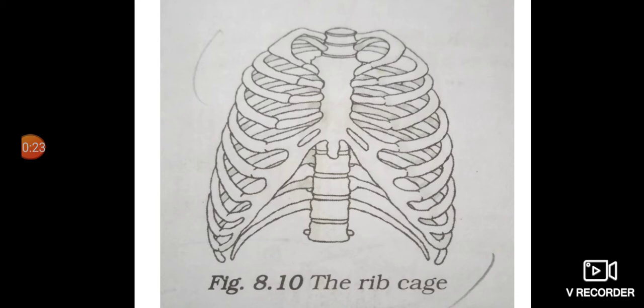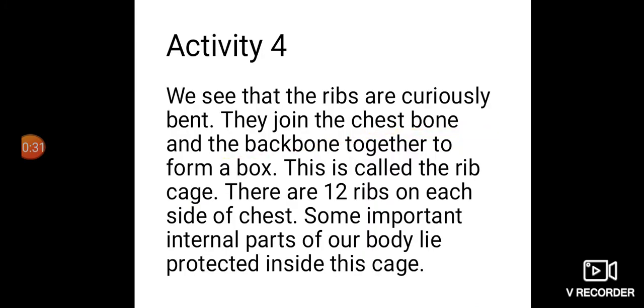The first main part of the human skeleton, that is the rib cage, we have learnt. The ribs are curiously bent, and they join the chest bone and the backbone together to form a box, and this box is known as the rib cage. There are 12 ribs on each side of the chest. You can touch and feel it.